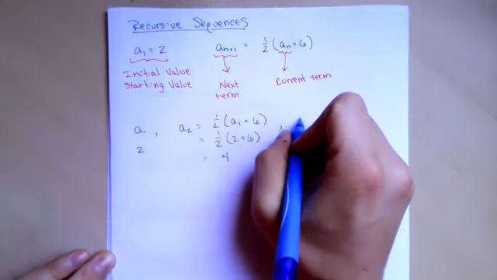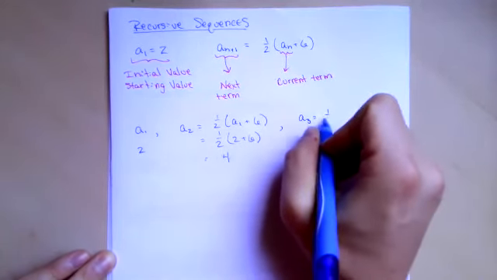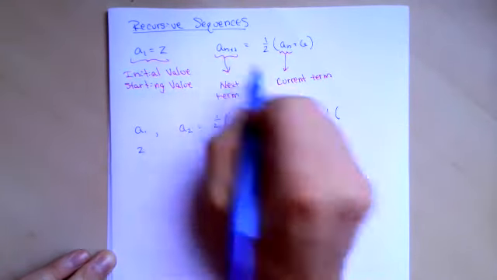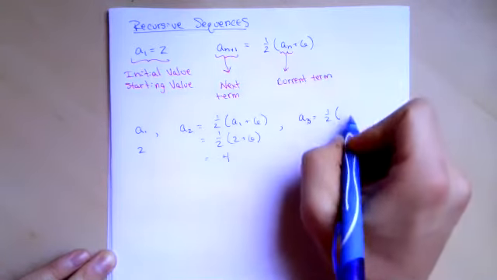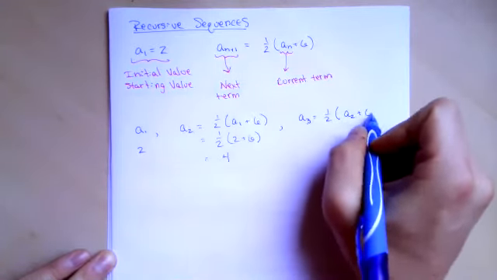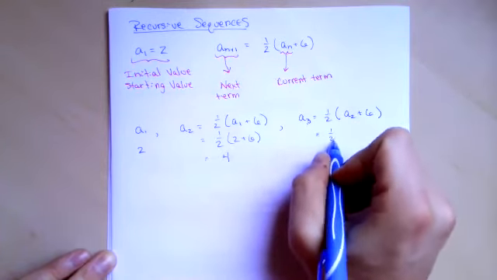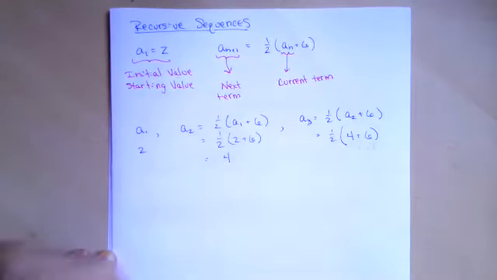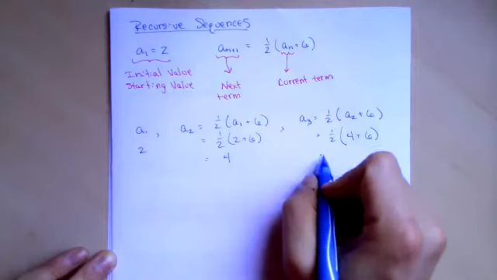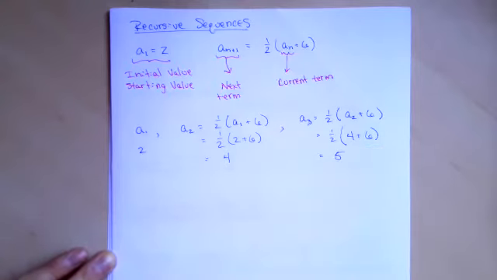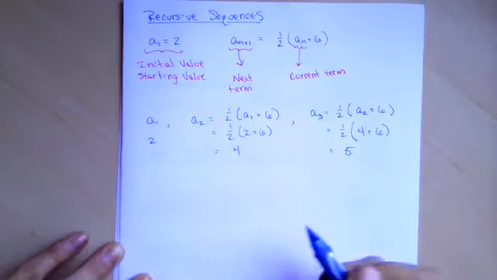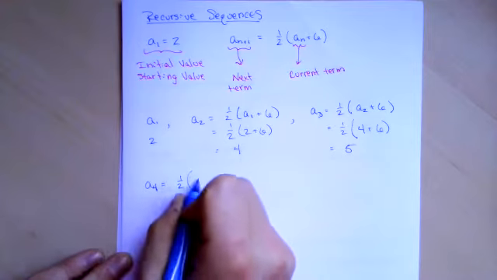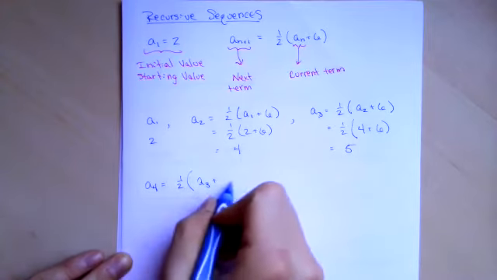How do I find A3? We just keep going. A3, so 3 is 2 plus 1, which means I need A2 there. And so A2 was 4. And we get 5. Let's do one more. A4 is 1/2 A3 plus 6.